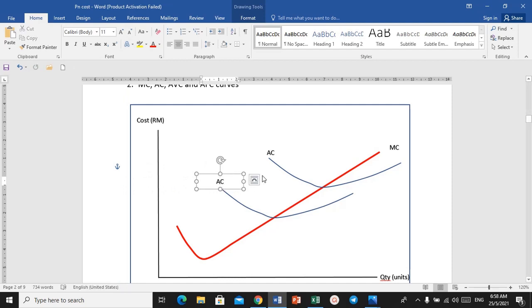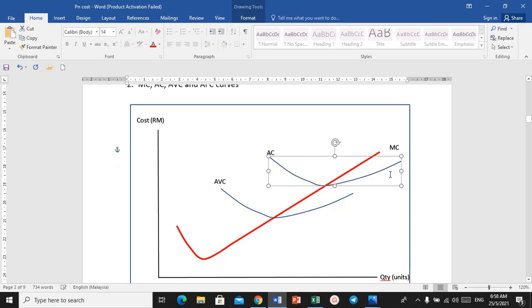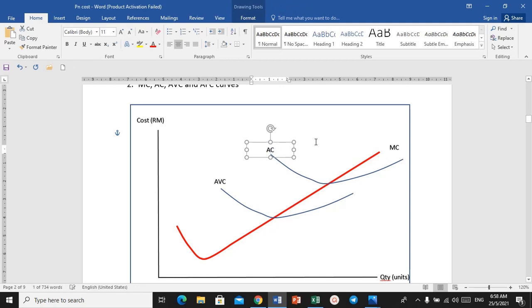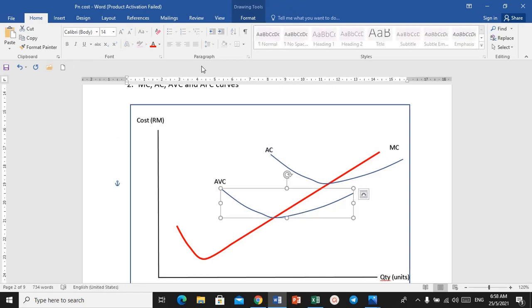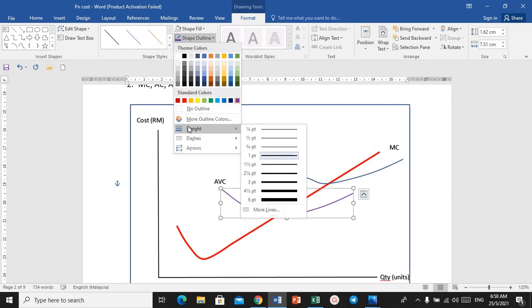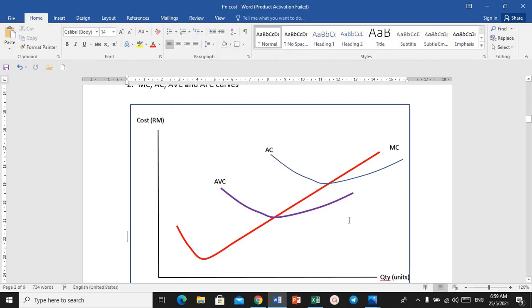I'll bring it up a bit so it looks nicer, because earlier it was too close. Again, for the average variable cost, the minimum point should intersect with the marginal cost curve.